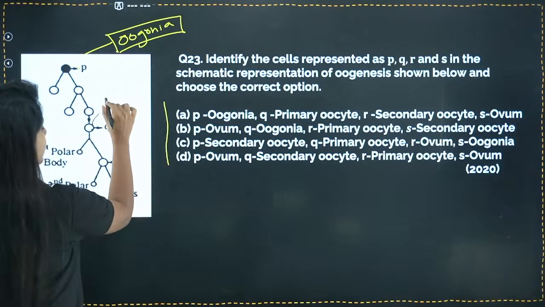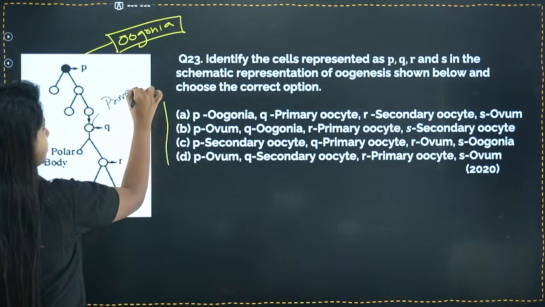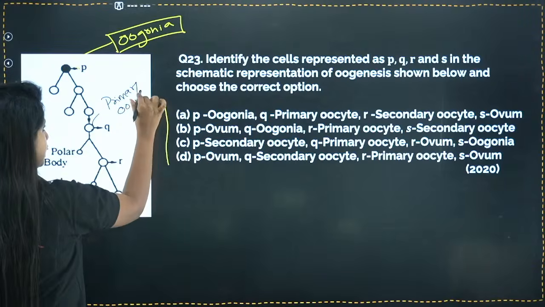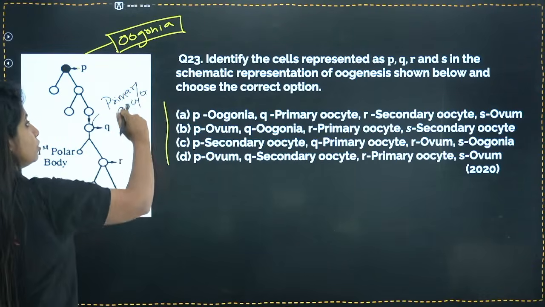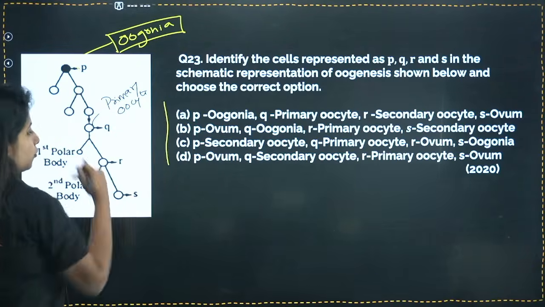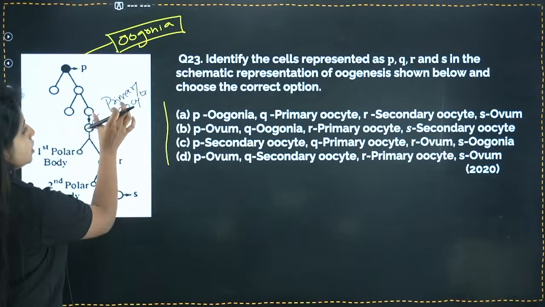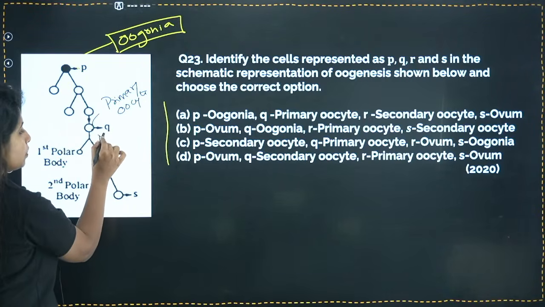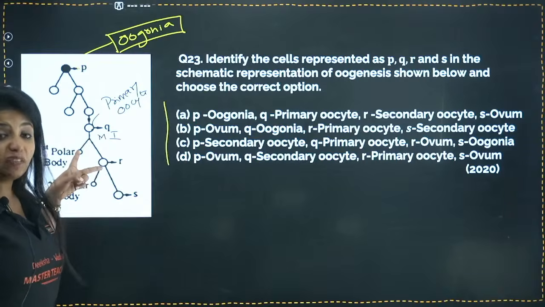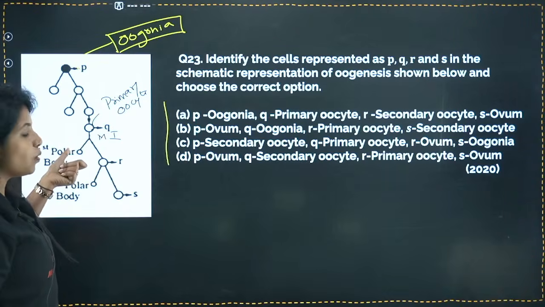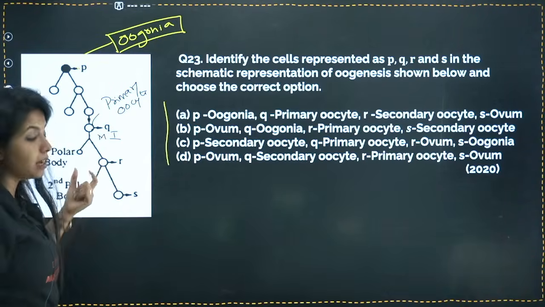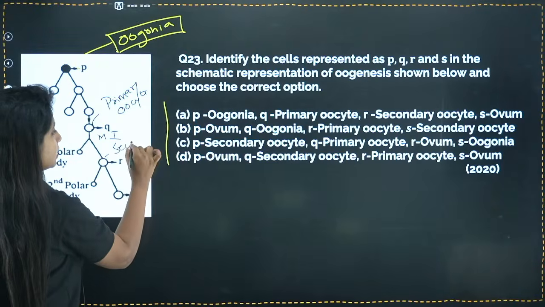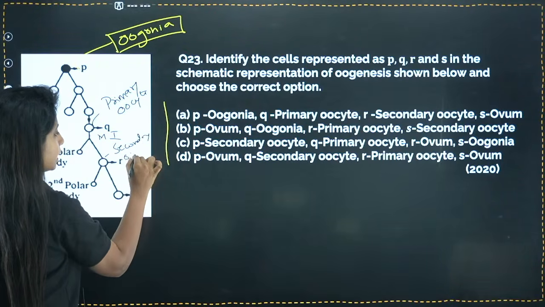That cell is known as the primary oocyte. If it is difficult for you to learn like this, they do the reverse of it, so I'll do that first. Primary oocyte undergoes meiosis 1. As I said, it will be unequal division. One small first polar body and one big secondary oocyte.